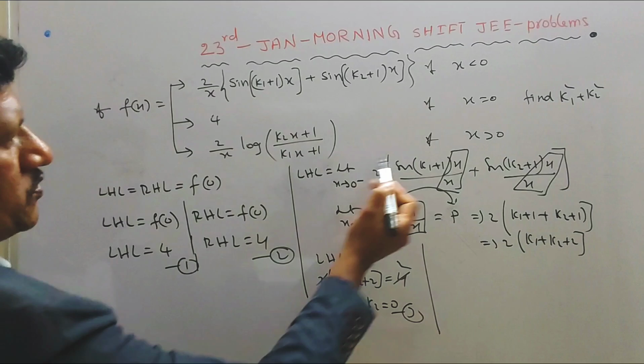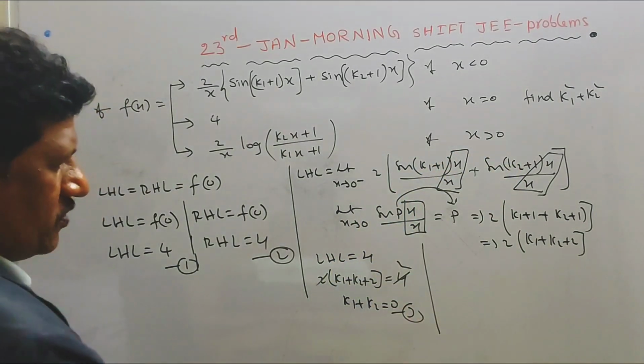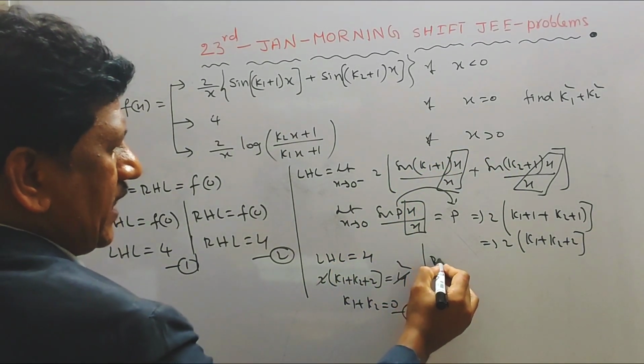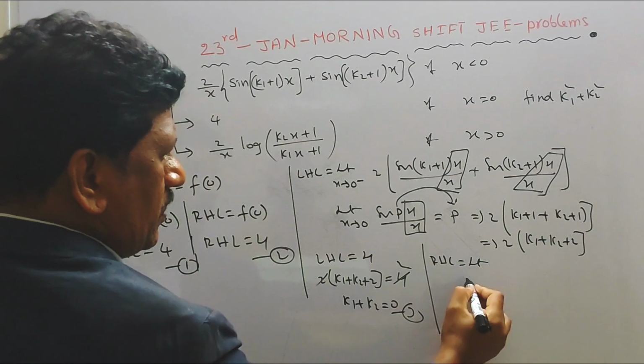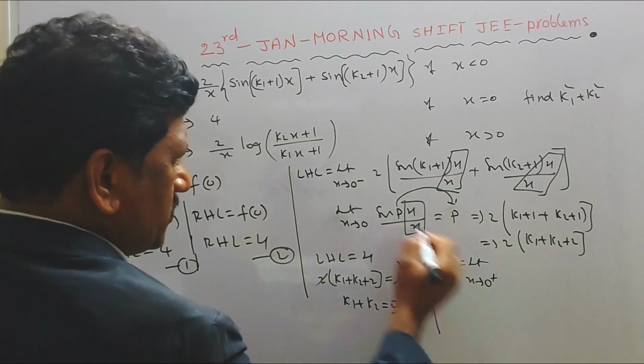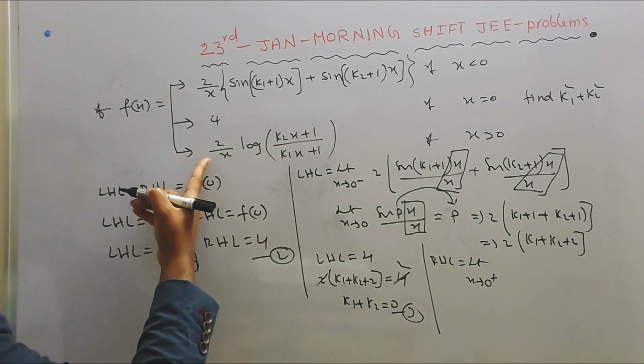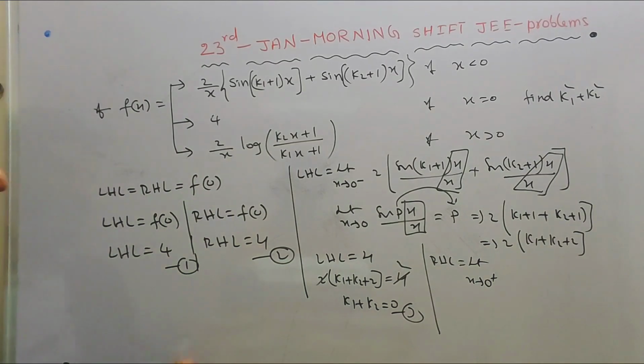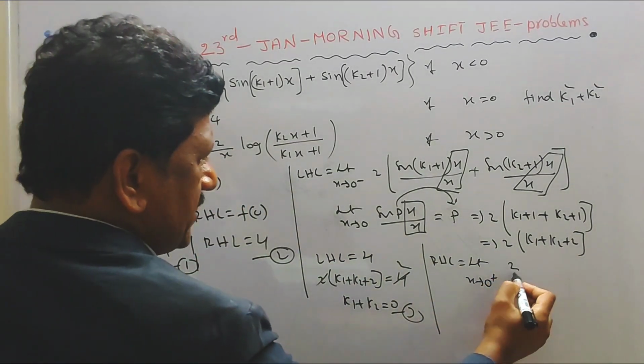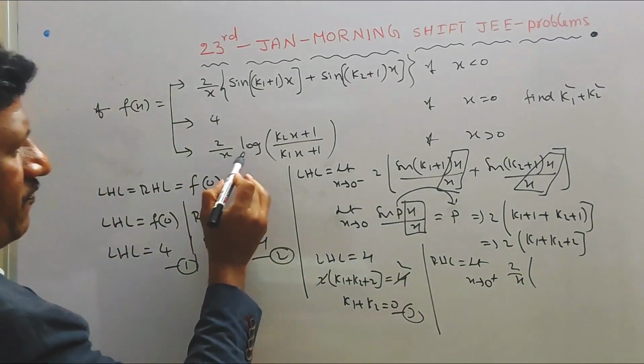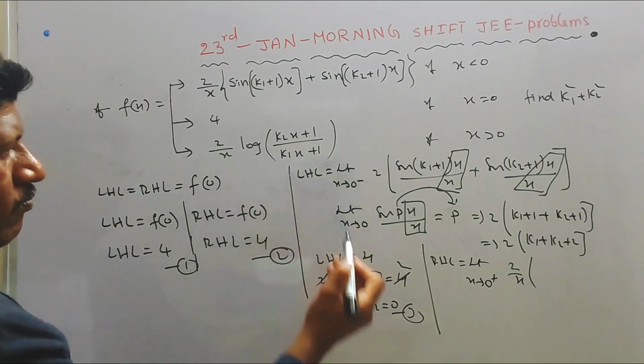Take this function now. When x is greater than 0, that means we should take the RHL, right hand limit. That means when x tends to 0 plus. First of all, I am going to write 2 by x, then in the form of log of m by n, log m minus log n.